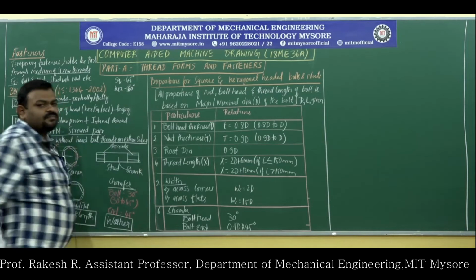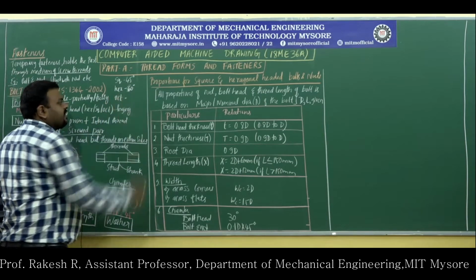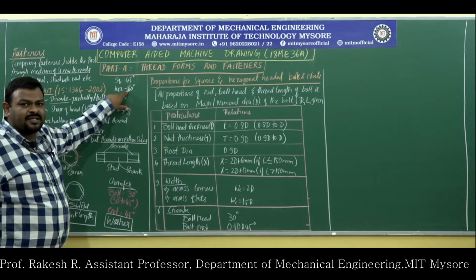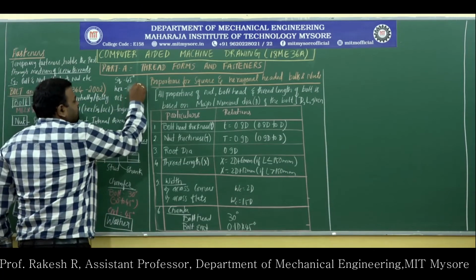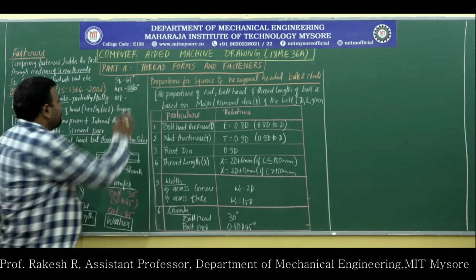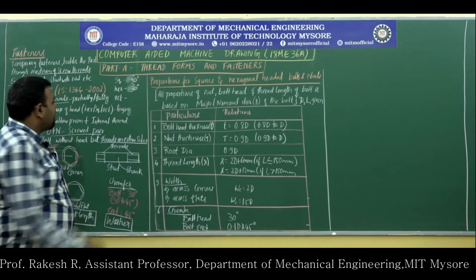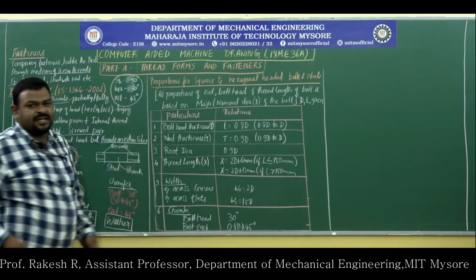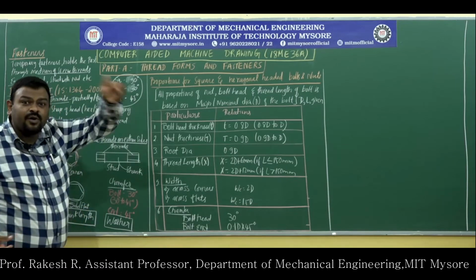If I use a hexagon, 360 by 6 is 60 degrees. If I use an octagon, 360 by 8 is 45 degrees, so again the angle changes. Comparing these three, the hexagon has the most gripping.